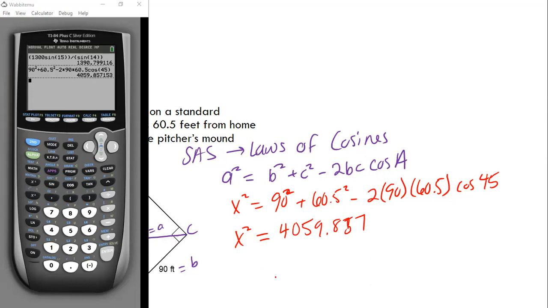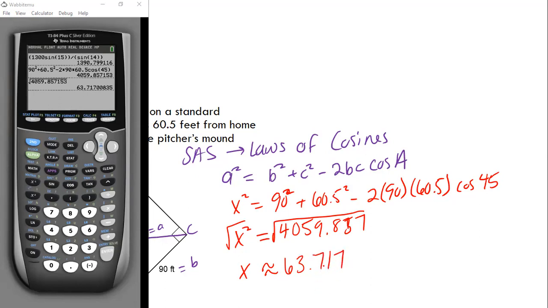Now what I need to do is just find X. I'm going to take the square root to find the value of X. So X is approximately, second square, arrow up, grab the value. We get 63.7.